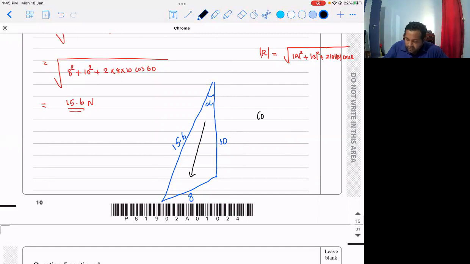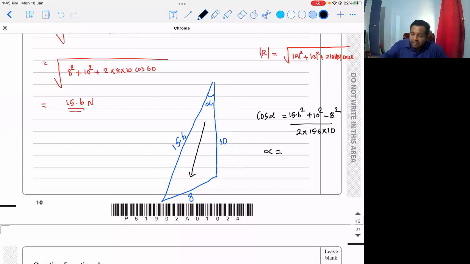So what is cos alpha? Cos alpha is equal to 15.6 square plus 10 square minus 8 square divided by 2 times 15.6 times 10. Could you please calculate the value of alpha? Then take the cos inverse of your answer. The alpha is 26.4 degrees.